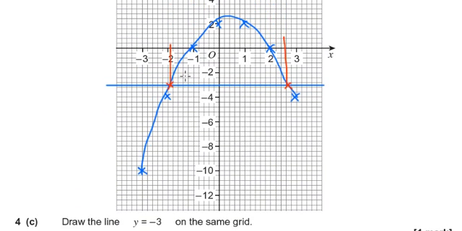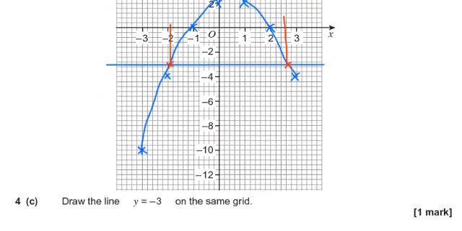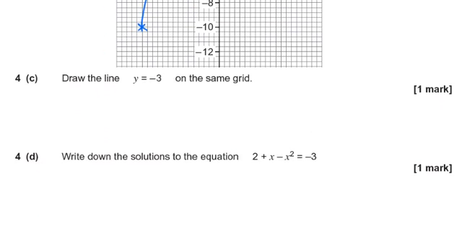The mark scheme allowed 1.8 and -1.8 and 2.8. So I'll write those answers down. So x equals -1.8 or 2.8. Those are your two answers.